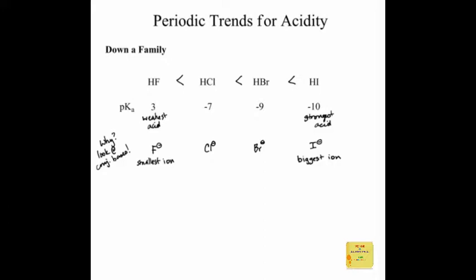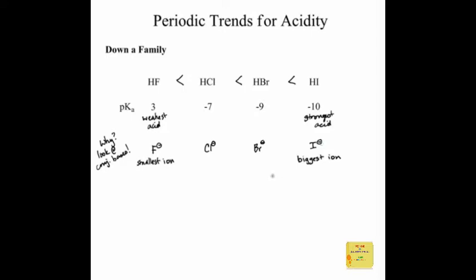How do we relate that to stability? Well, let's think of this ion as having a negative charge. A negative charge tells us we have an excess of electron density. And if you can spread that negative charge out over a larger surface area of the large iodide, then that's going to be more delocalized, and that's going to be a more stable charge.